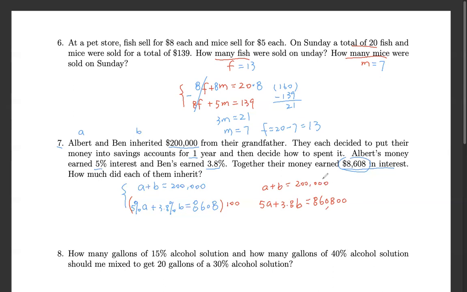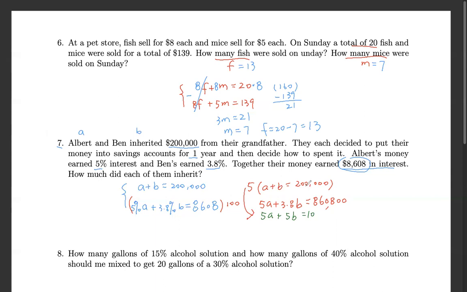Well, we could use the elimination method or substitution method. Let's try the elimination method. So let's multiply by 5 with everything for the first equation. So 5A plus 5B equals, multiply by 5, 2 times 5 is 10.